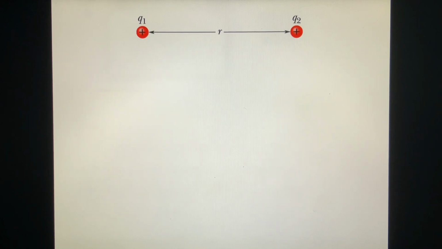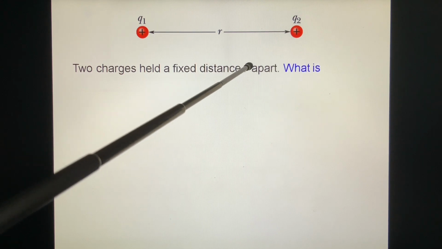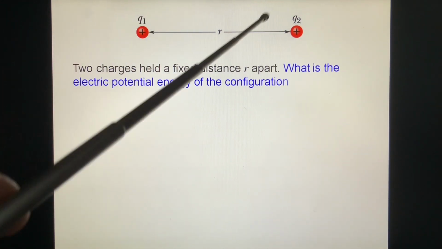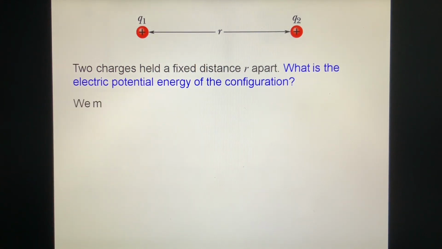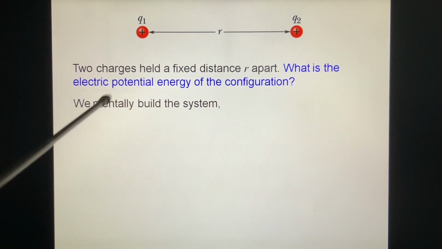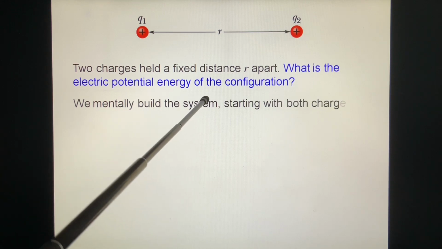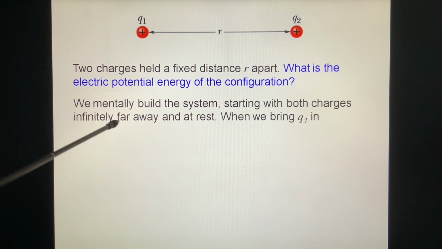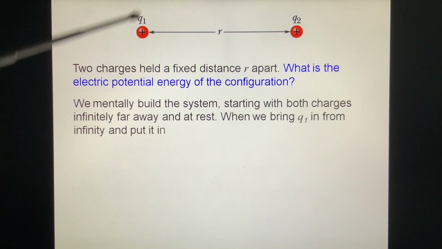Now, two charges with a fixed distance R. What is the electric potential energy of this configuration? We mentally build up the system, starting with both charges infinitely far away and at rest.